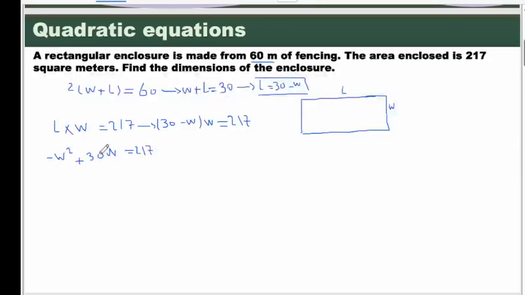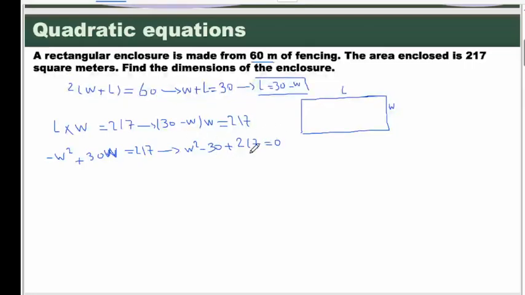I multiply both sides by the negative sign and bring 217 to the left side as well, so it would be W squared minus 30W plus 217 equals 0.